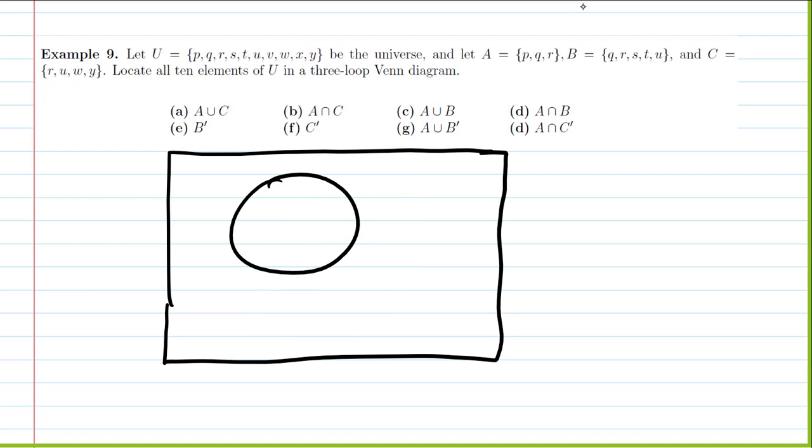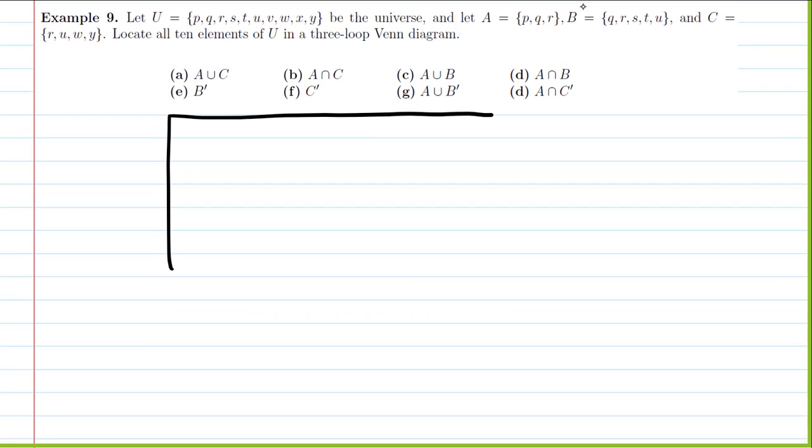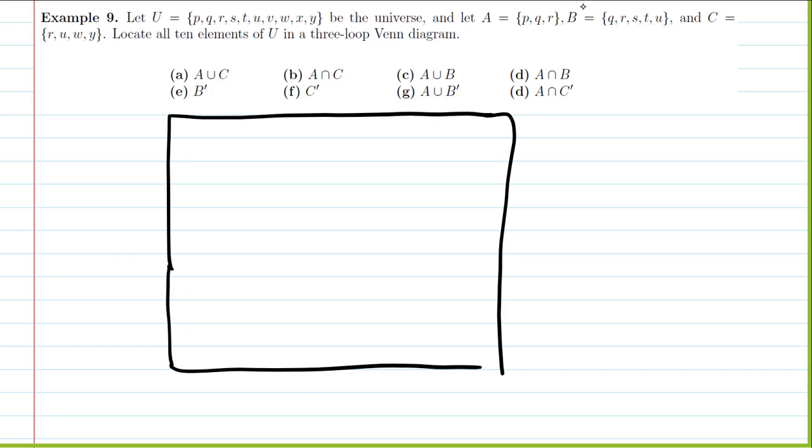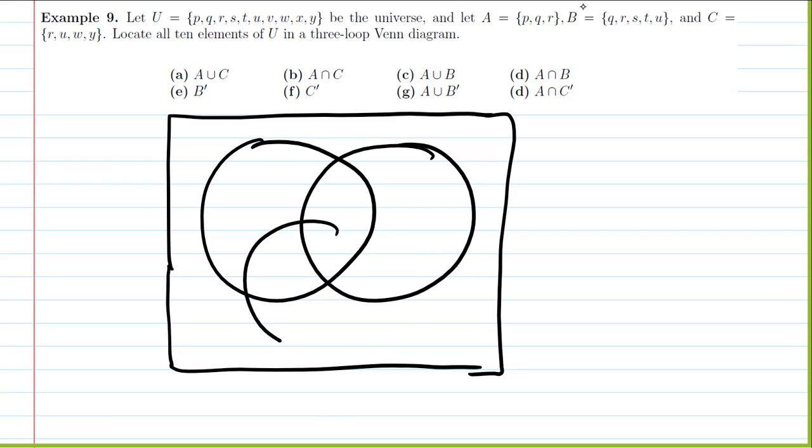I'm going to need more space. All right. So we know our universe is P, Q, R, S, T, U, V, W, X, and Y. Let's label these: we have A, B, and C. We know A contains P, Q, and R.